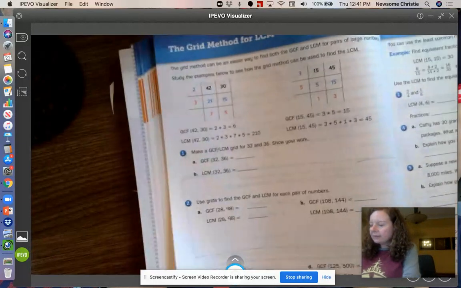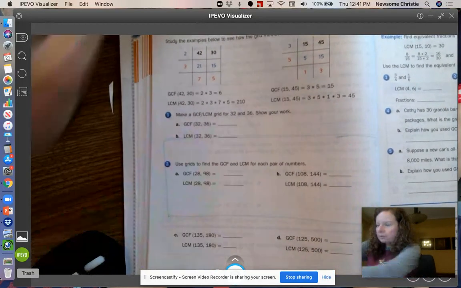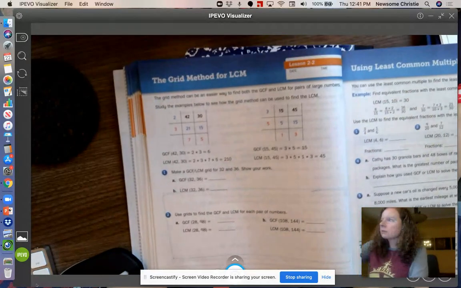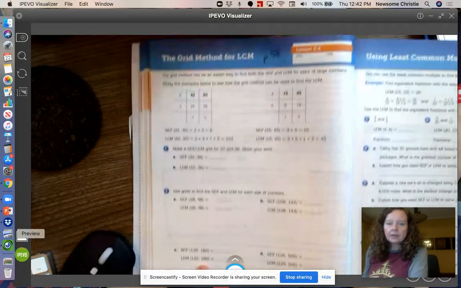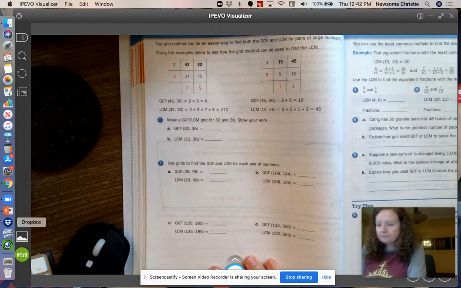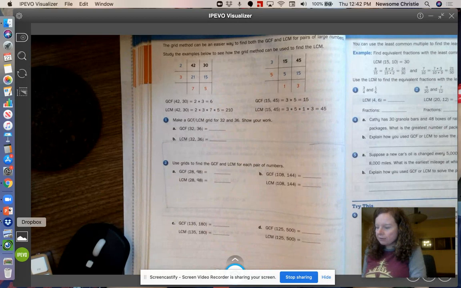And then we move on to the grid method. And on the grid method page, this is page 58. Okay, I would like us to try all 5 of these. Okay, so that's what I'd like you to try on your own if you have time right now.